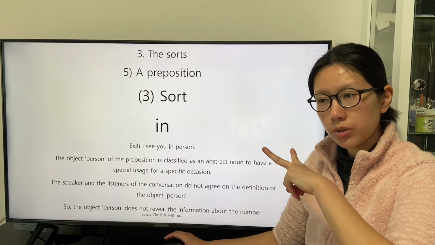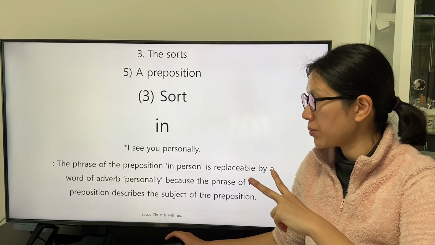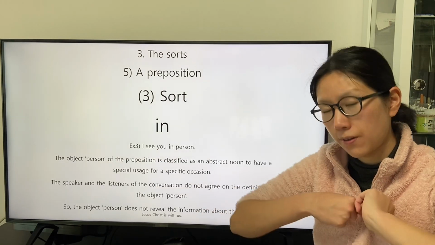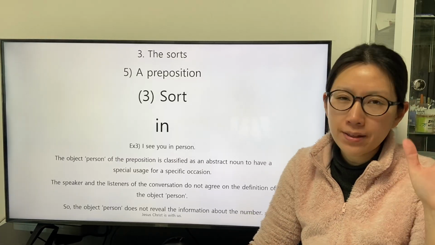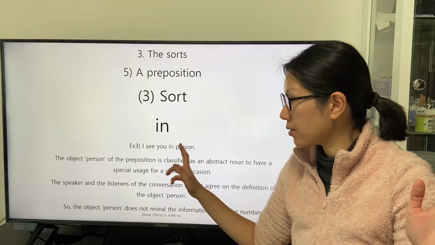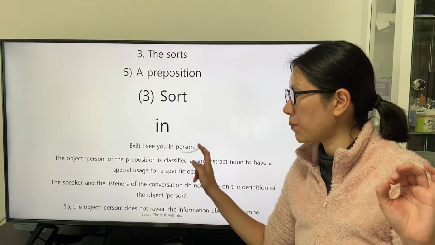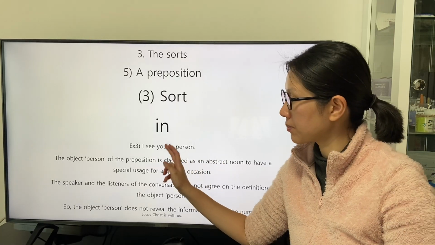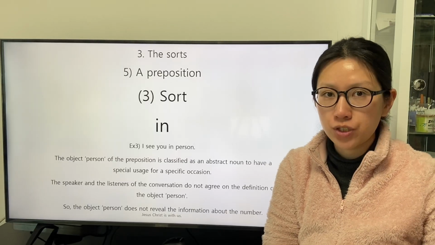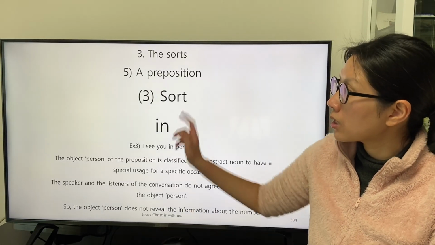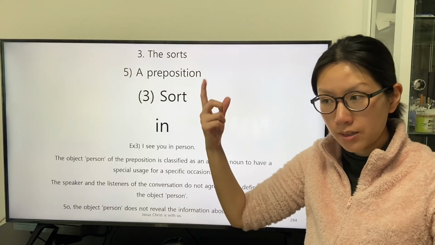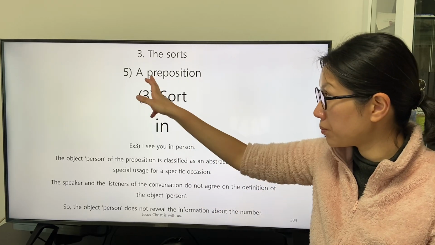And the two clauses, I see you in person and I see you personally, deliver the same intent of the speaker from the fact that the speaker said the preposition and the object of the preposition as a unit of the definition. This description is according to the definition of the term preposition.